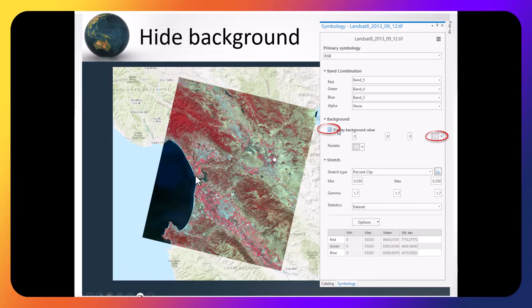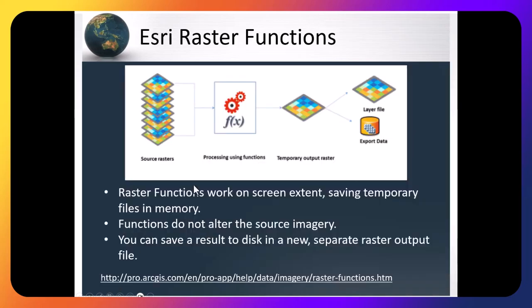This is a little wetland area called Moss Landing. Suppose we're really interested in the natural area around this wetland. Well, with raster functions, we can zoom in on that, and then it will perform the functions just on the area that's in the display. So it doesn't have to read the entire image, which can be a very time-demanding and inefficient process, and that is solved through the use of raster functions.